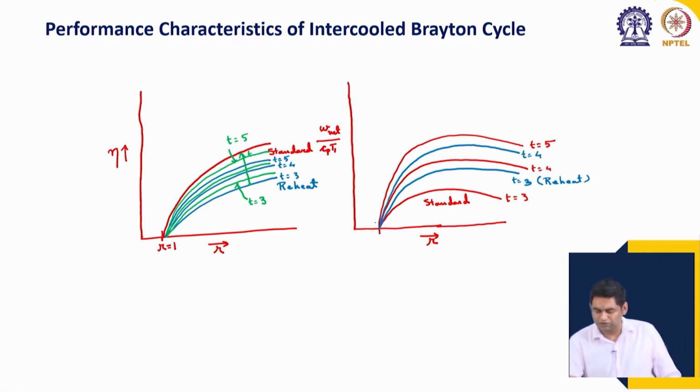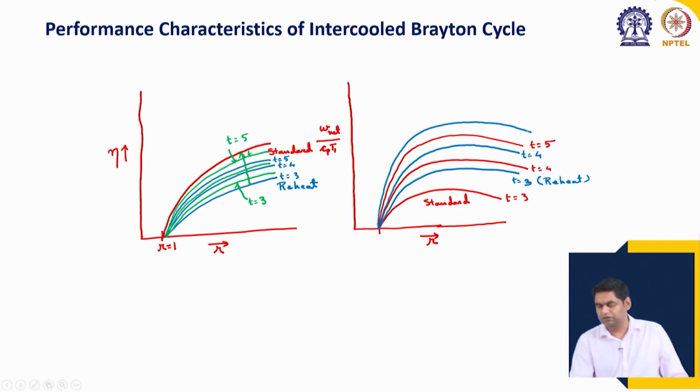T equal to 2 we have not drawn because that has very low values and is not practical in modern times. Then this is T equal to 5. So, a considerable increase in the value of the net work output occurs, and we have seen what the increase is. Typically, it can be 20 to 25% for realistic values of the design parameters. So, this is for reheating.